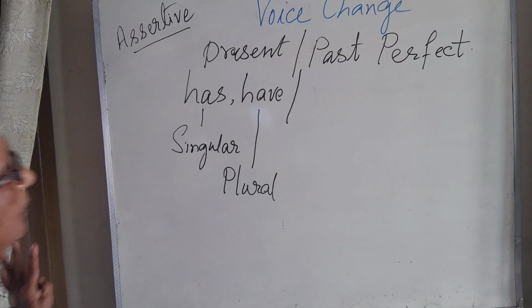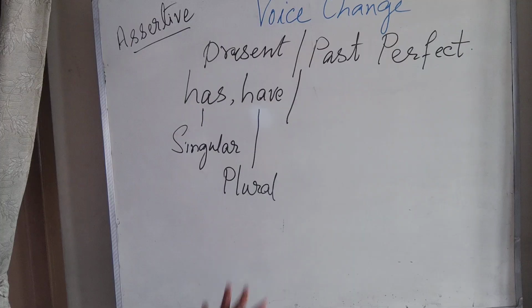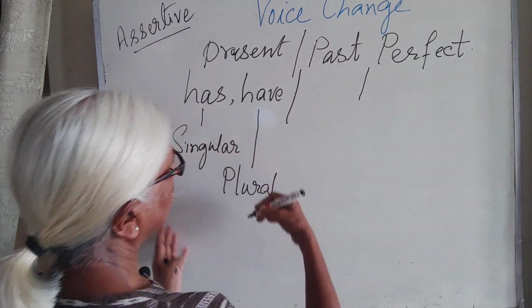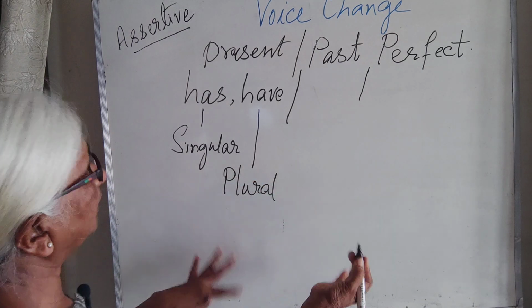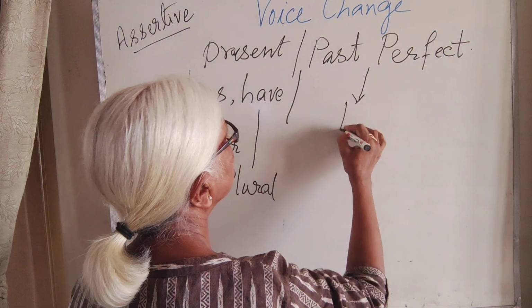We'll go into details later on when we do tenses, but at least this much you know. And past perfect tense has no problem of present and past, singular and plural. Only remember past perfect tense has had.